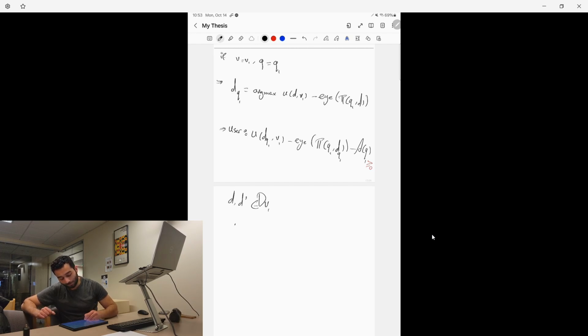And U of D and V1 minus eyeballing cost of pi.